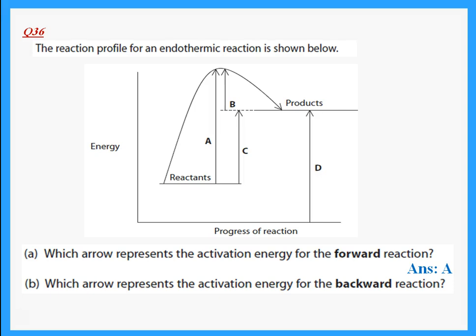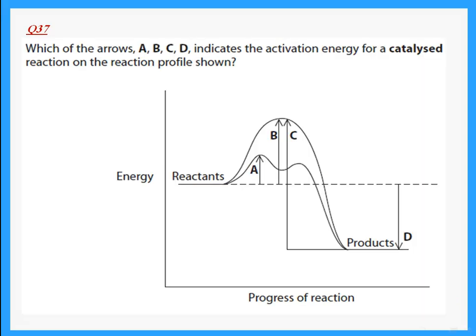Now he's saying which arrow represents the activation energy for the backward. Backward means my products are now my reactants. So backward, the energy of activation would be from what he writes as products, which are now my reactants. So B will now be my activation energy.